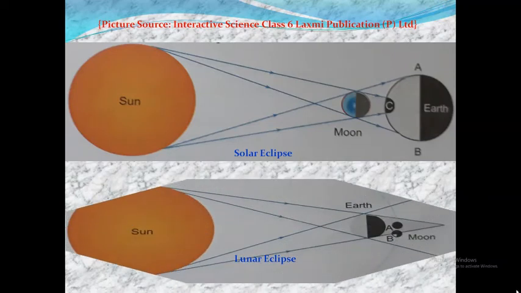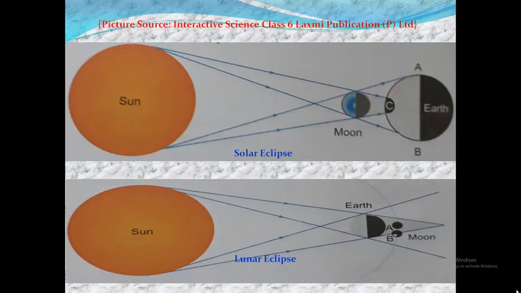In the next picture we can see this is lunar eclipse. Lunar word is used for the moon. In between the sun and the moon, earth is coming.